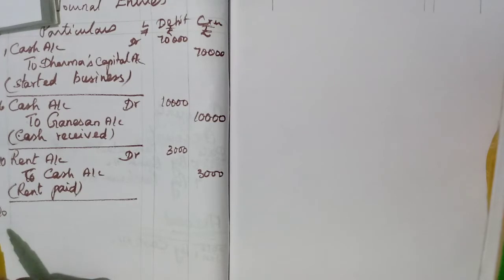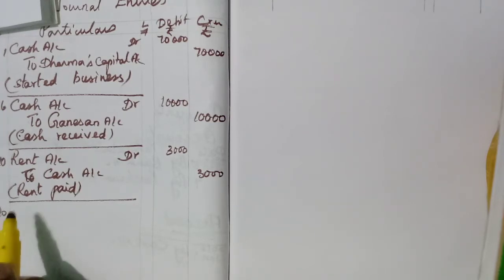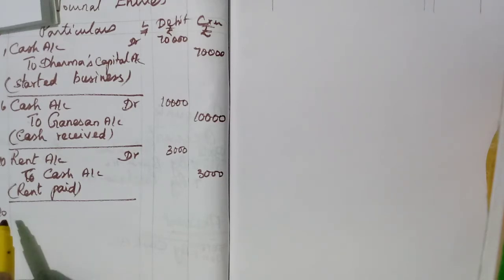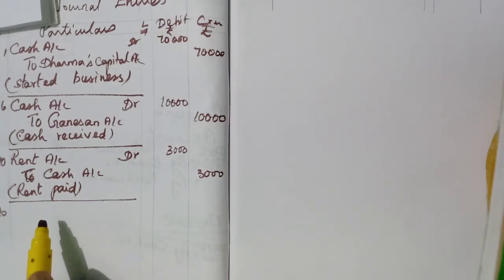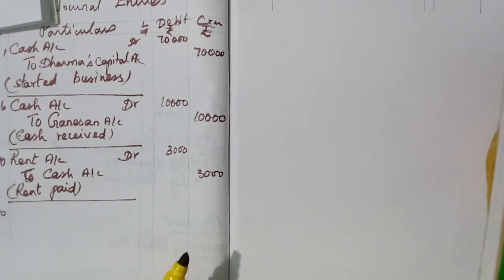Received commission from Anand. Here one is rent received. Sorry, not rent received. Commission we receive. Okay. So commission is an income. So that we need to credit. Then from Anand, that also giver only. We cannot credit two things, isn't it? So Anand you don't think about.